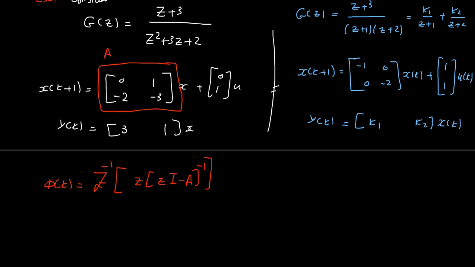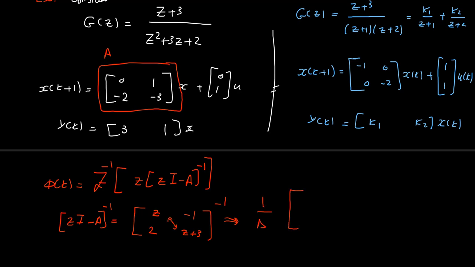So now let's calculate this one. zI minus A will equal z here, minus 1 here, 2 here, z plus 3 here. Now the inverse for this one will equal 1 over the determinant.